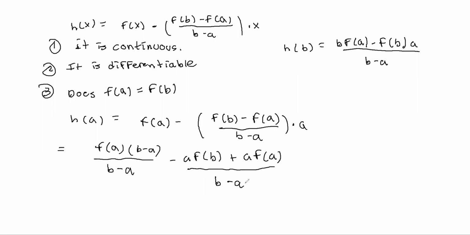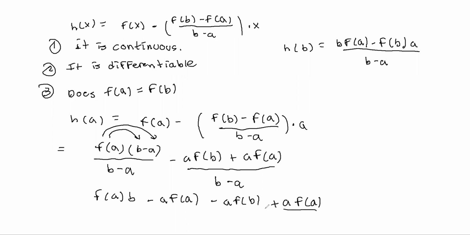So this is just simple algebra. So we distribute that f of a. We get f of a b minus a f of a minus a f of b plus a f of a over the whole quantity b minus a.